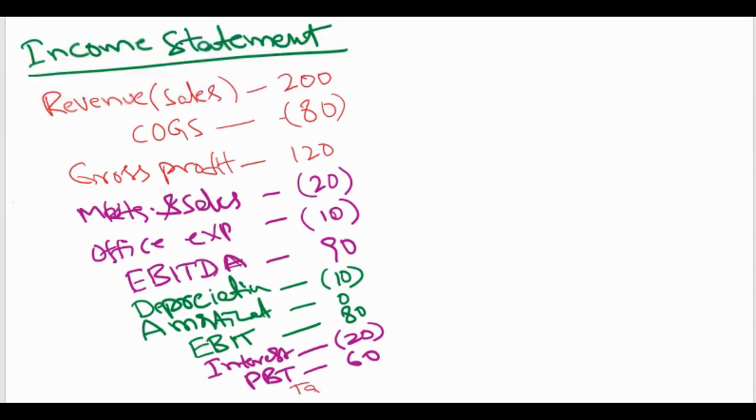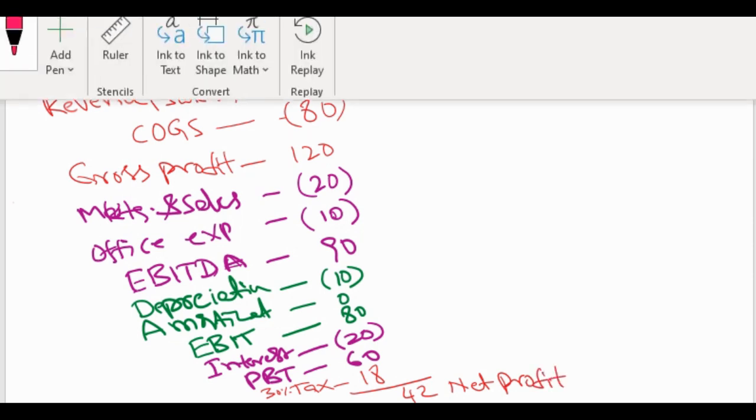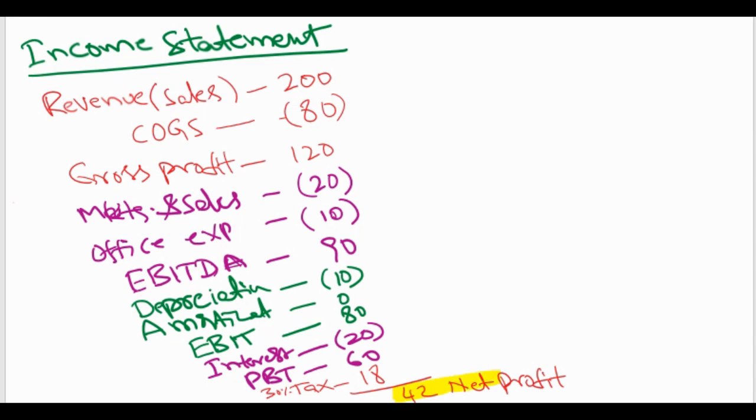So let's say tax is around 30% if I consider. How much? 18. So finally net profit is 42 million. This is the net profit based on this income statement.